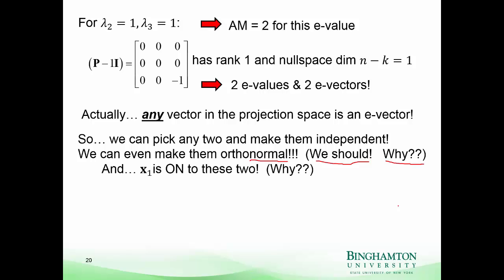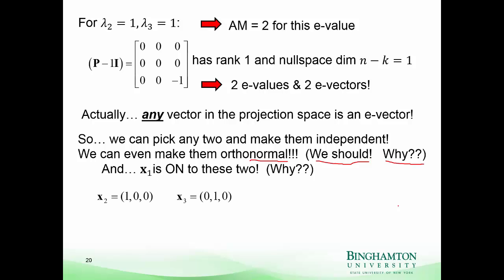So x1 is orthonormal to these 2. Why is that? Oh, we talked about that already. Because it lies outside the projection space, and the only thing that will project to 0 is something that's orthogonal. So we've talked about that already, so go back and look at the last set of notes.